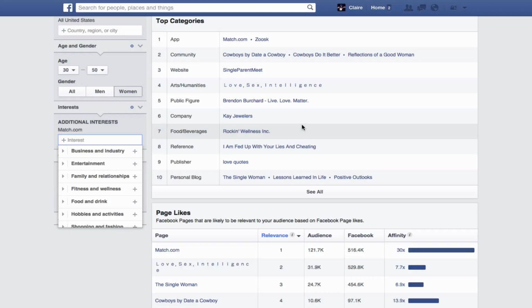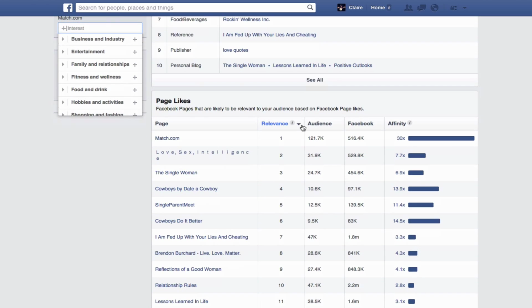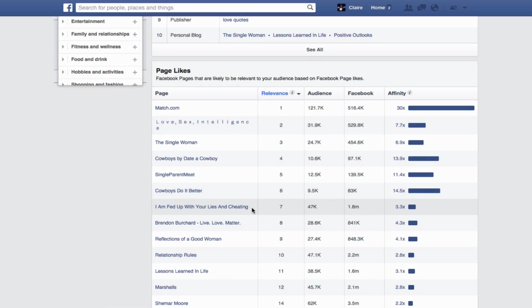So what I was able to do is I took some of these non-traditional interests. I think one of them was "I am fed up with your lies and cheating." I had never heard of that page. But since I could take something like that and filter out a lot of people by relationship status, I'm only looking for single people. So the same thing with the jewelers.